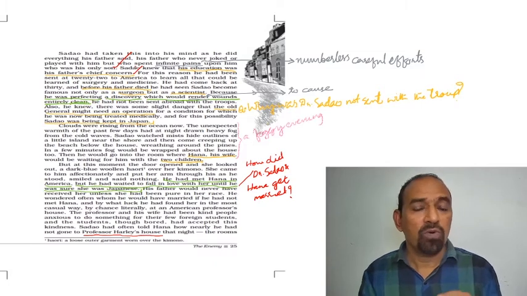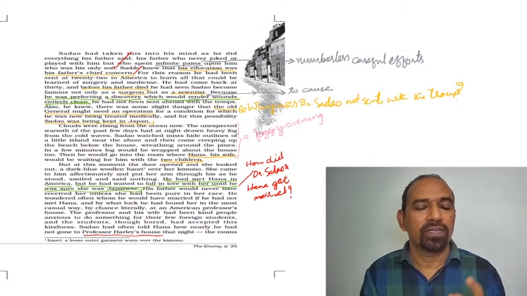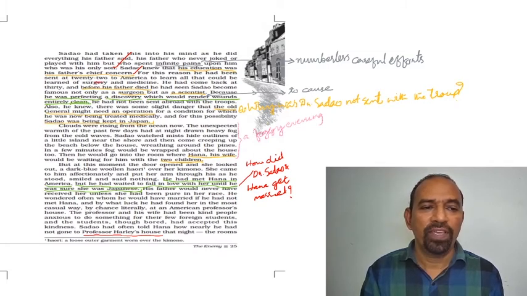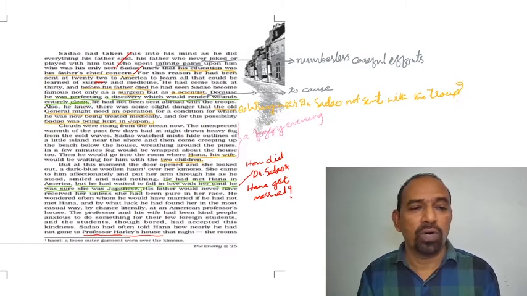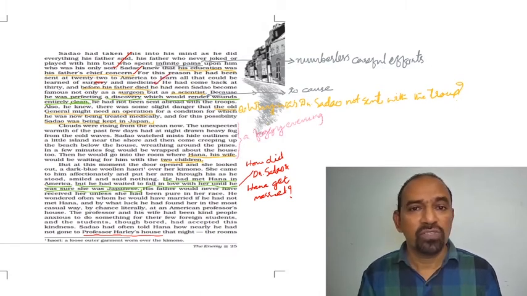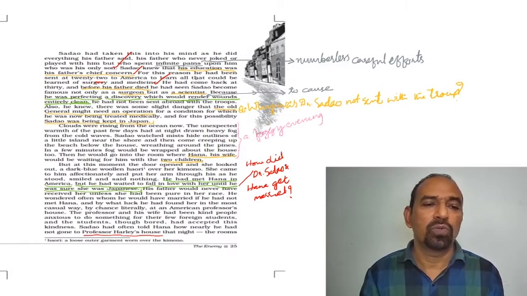So Sadao also knew his father's concern. His father's only concern was his son's education. For this reason, he had been sent at 22 to America to learn all that could be learned of surgery and medicine. So to learn medicine and surgery, he was sent to America at the age of 22.